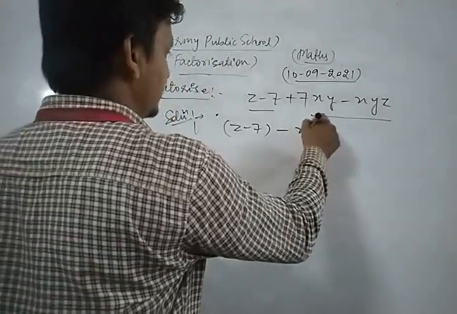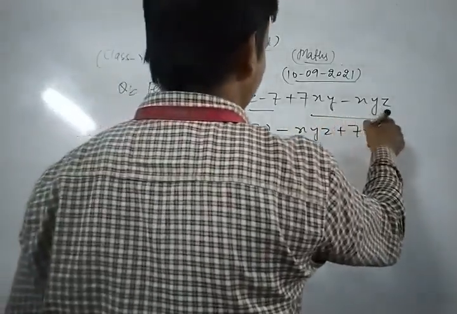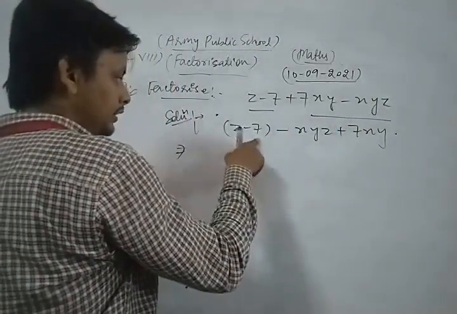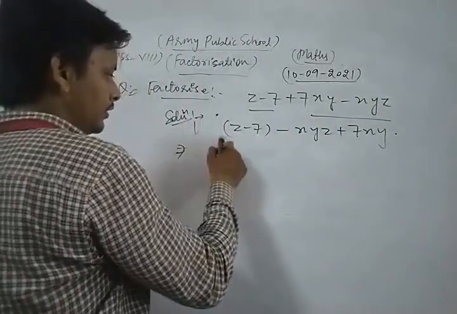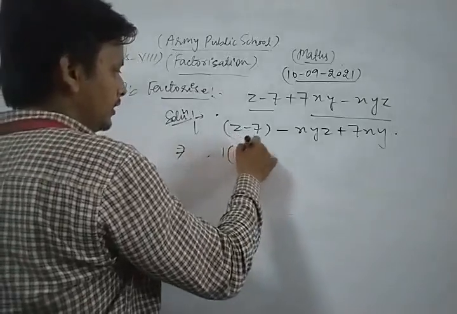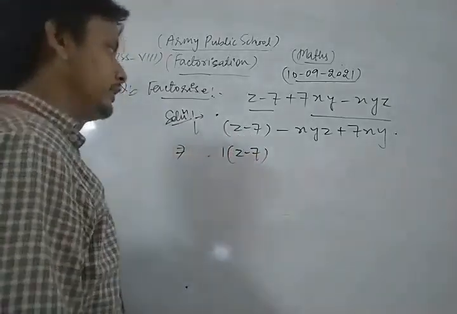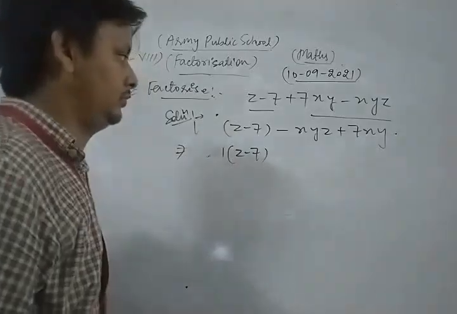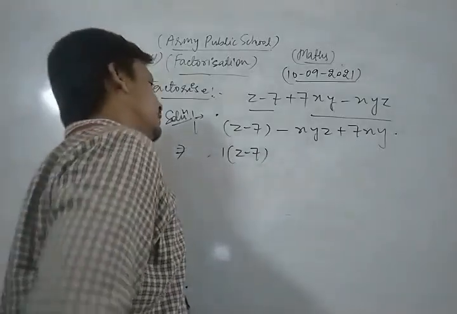And here we take xyz and 7xy together. Now in the first two terms we take 1 as common, so we get z minus 7.